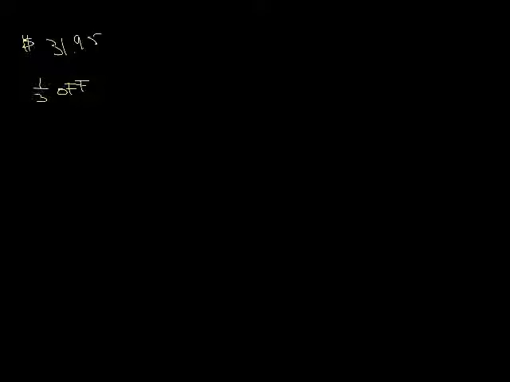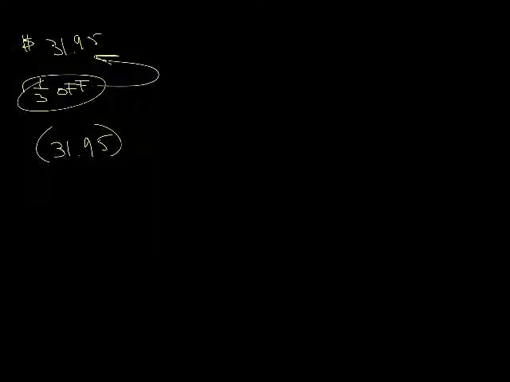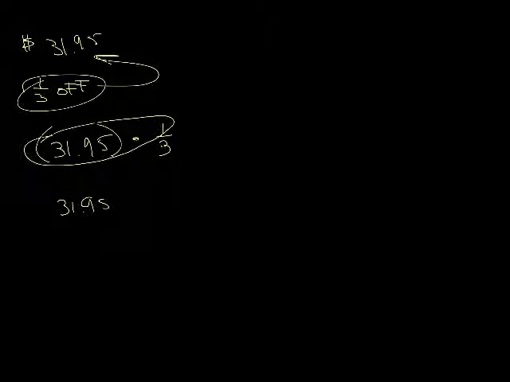Well, I take 31.95, and I'm wondering what 1/3 of that is. Of means multiply. So I take 31.95 times 1/3, so I can multiply these two and divide by 3, and that gives me $10.65.